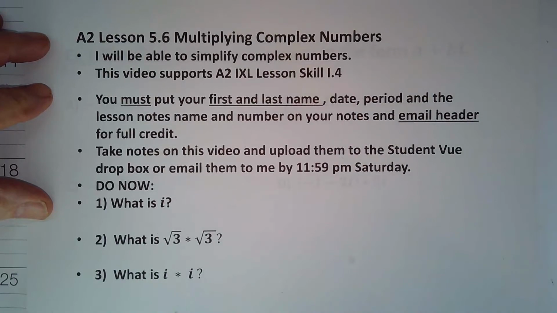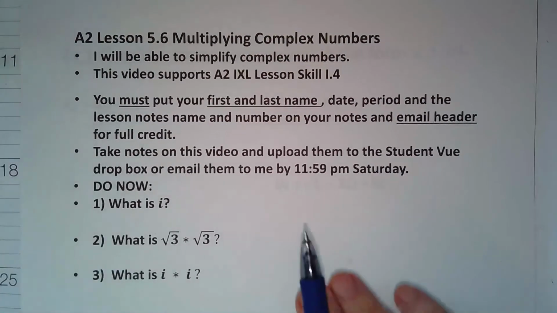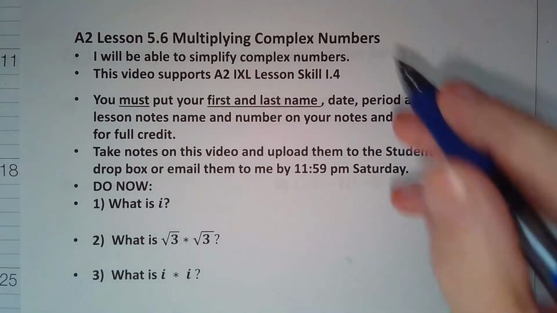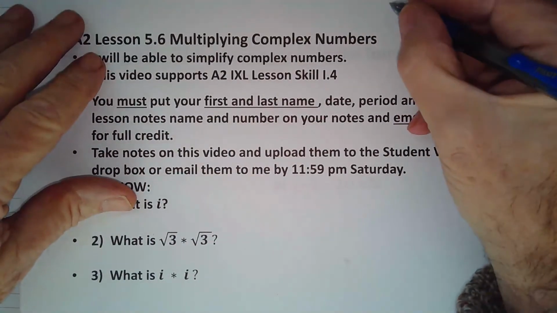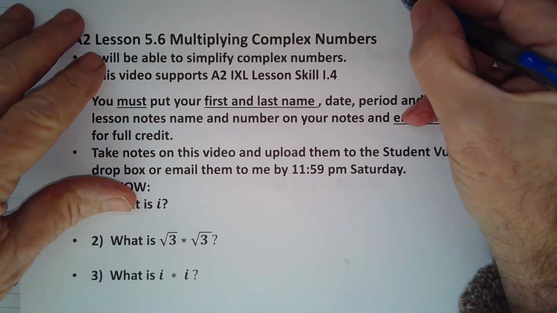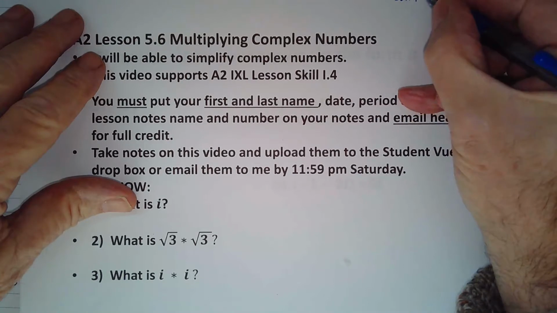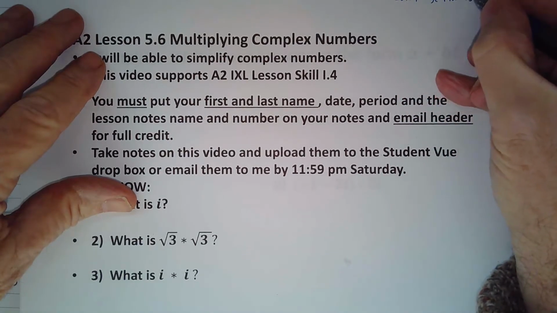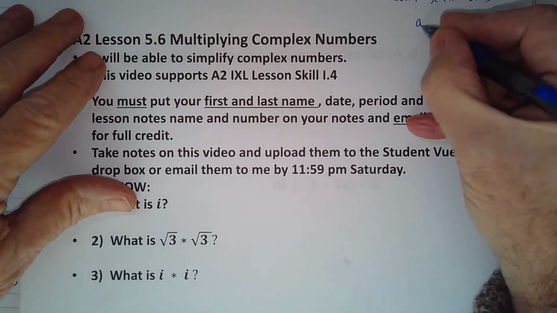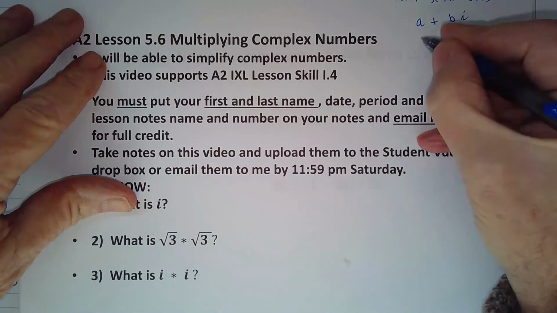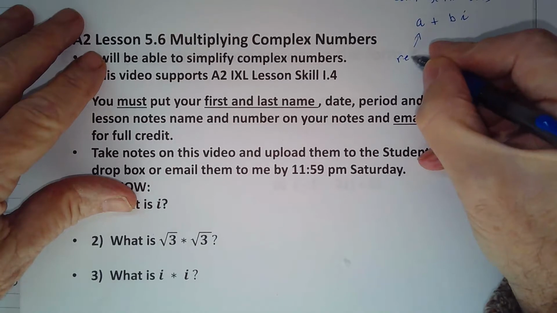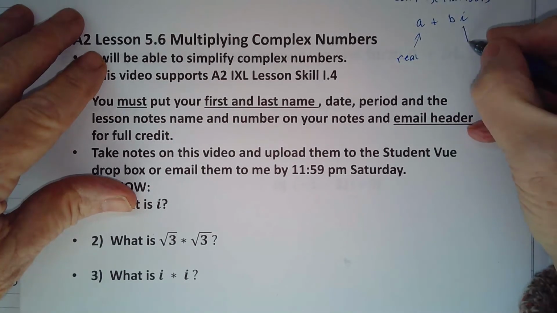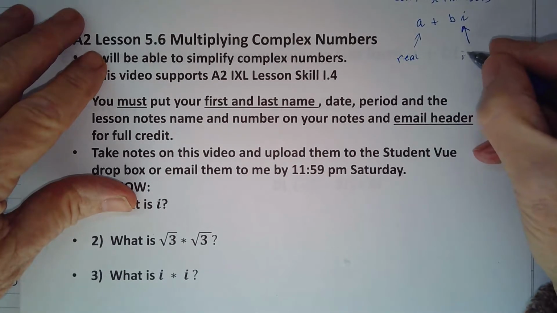Okay, so we want to talk about complex numbers. And again, just so you recollect, complex numbers are in the form of a plus b times i. And a, of course, is the real number, and i is the imaginary number.